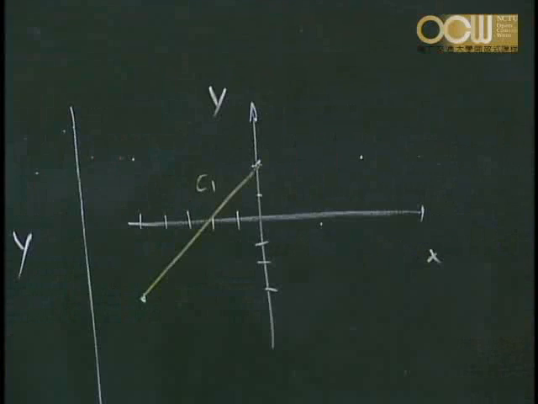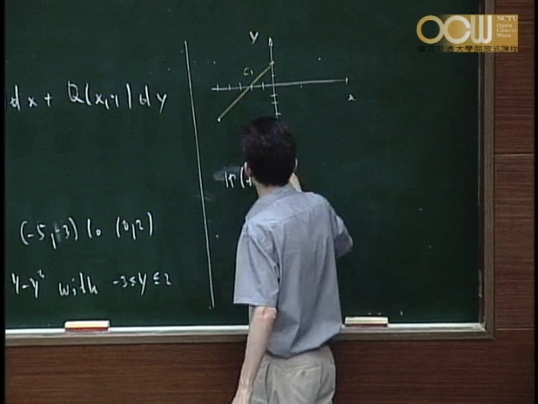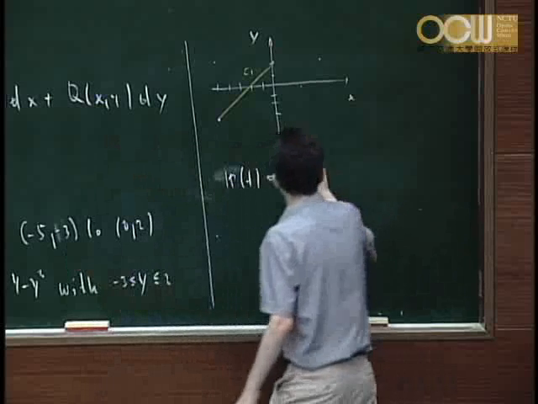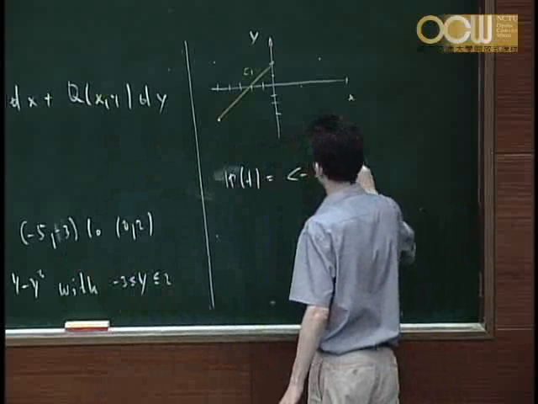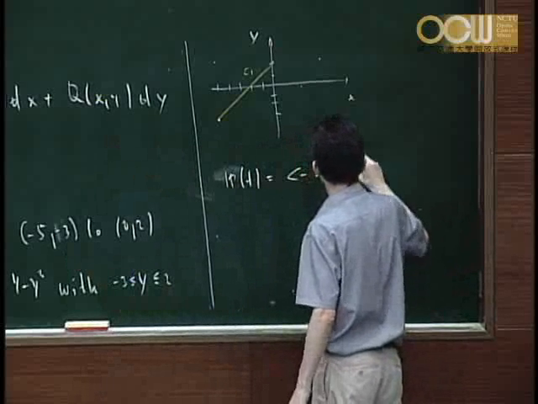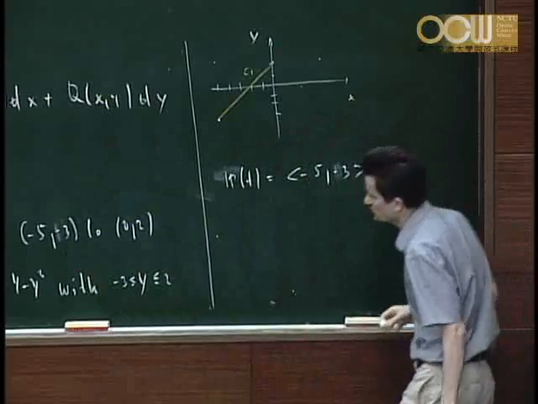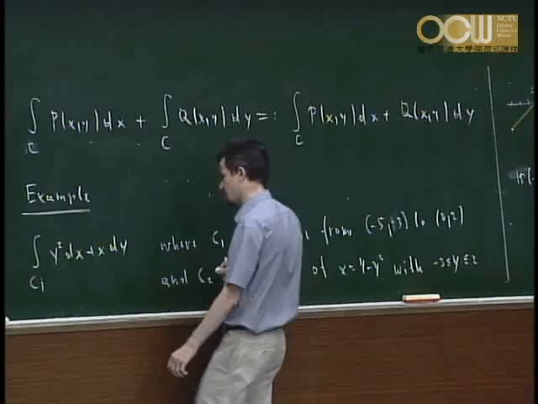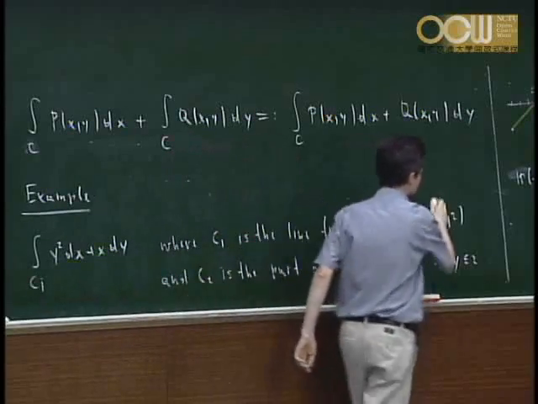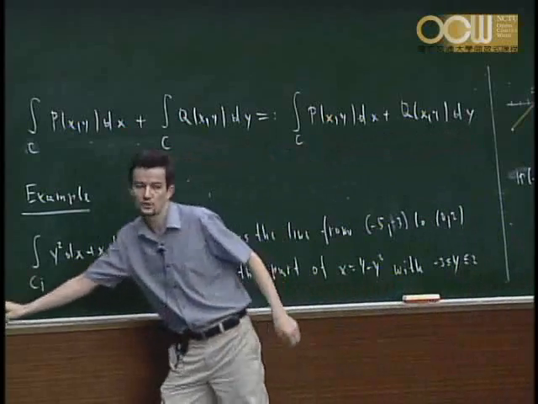So we first need a parameterization of C1, but this is easy. If we write it as a vector function, then we have this vector here, (-5, -3). C1 is from this point to this point, so we also have a direction if we talk about curves.